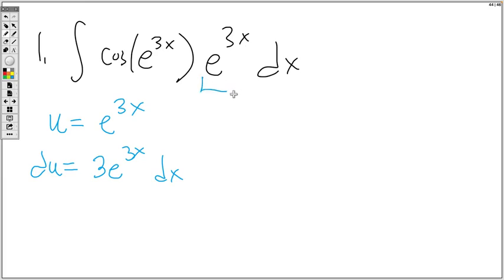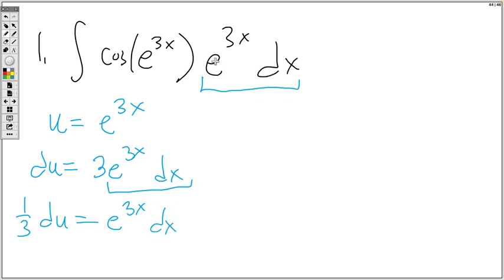No, but I could fix it up to get one by multiplying and dividing by 3. So either you look at this and say, okay, well, I do have this, I could make that a 1/3 du. Or go in here and multiply and divide by a third. At the end of the day, you're going to get 1/3 integral. This is what we were letting the u be, because that was the thing in parentheses.